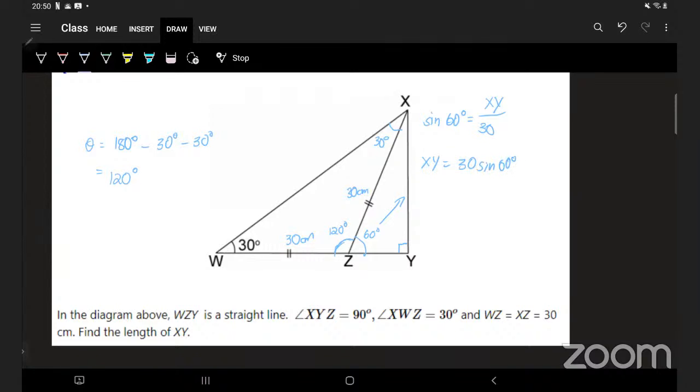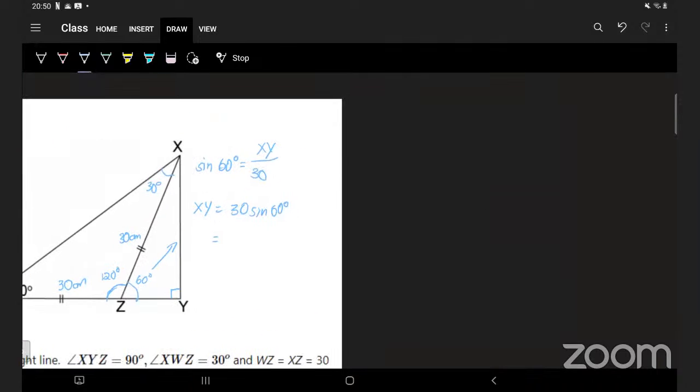Simplifying that, sine 60 is equal to, I want to use the exact form, square root 3 over 2.